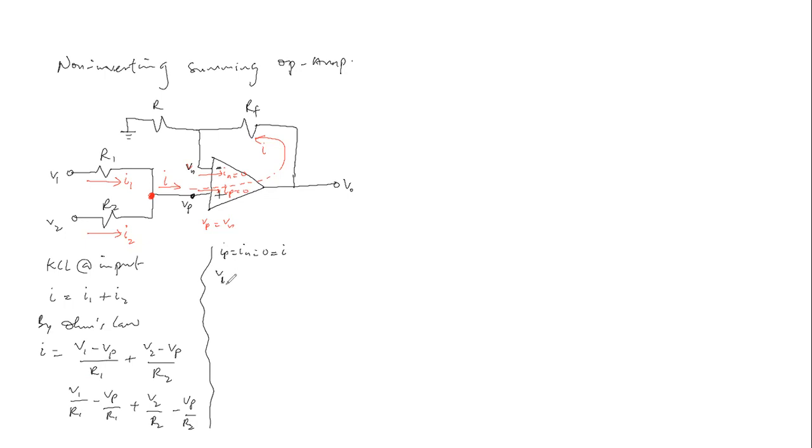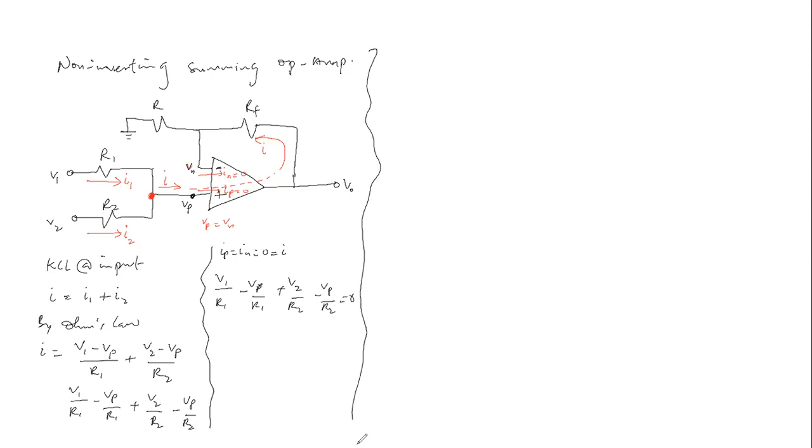So V sub 1 divided by R sub 1 minus V sub P divided by R sub 1 plus V sub 2 by R sub 2 minus V sub P divided by R sub 2 is equal to 0. So I need to maximize this space.